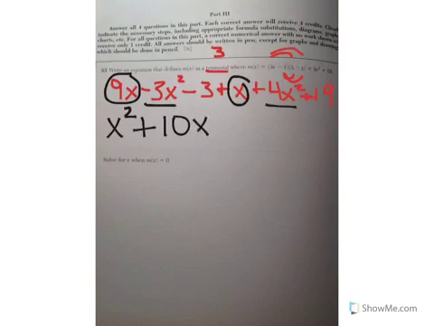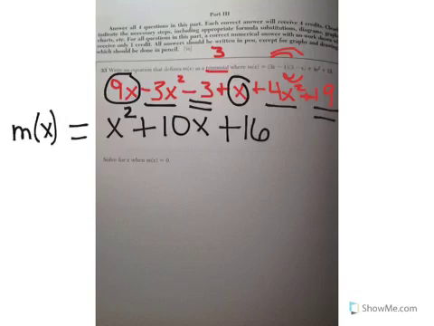Then we have our 19 and our negative 3, and that will end up being a positive 16. So this is what our m of x should equal: x squared plus 10x plus 16. Okay, so that's the first part of this question. You need this trinomial.